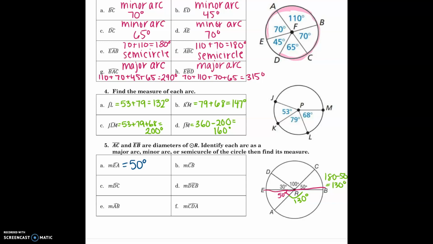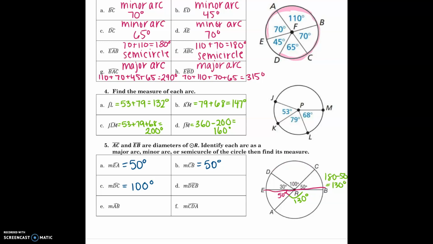Next we have CB. Its central angle also measures 50 degrees, so we know that the measure of arc CB is also 50 degrees. Next we have DC. Its central angle measures 100 degrees, so we know that the measure of arc DC is 100 degrees.